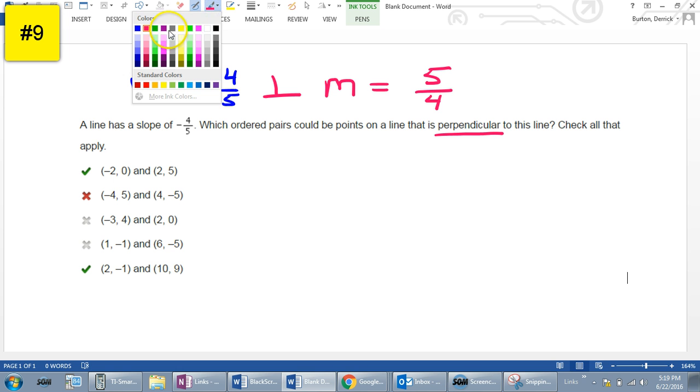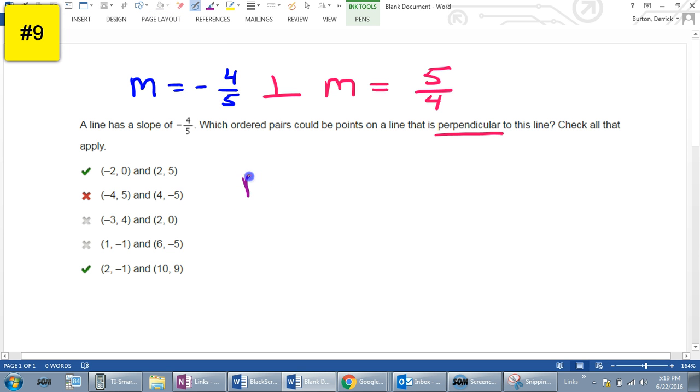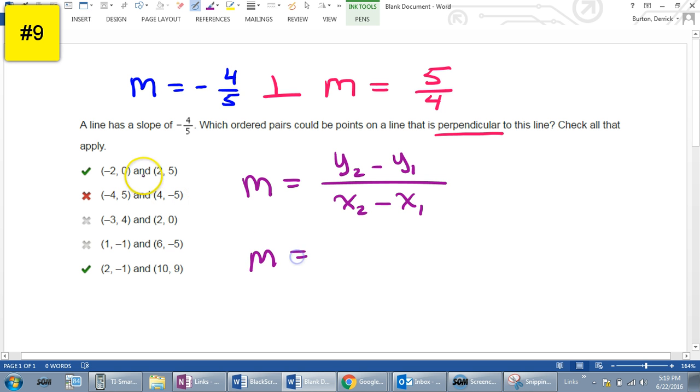Let's use the slope formula. Rise over run becomes y2 minus y1 over x2 minus x1. That's your slope. If I check each one of these one at a time, for the first pair, y minus y is 5 minus 0, and x minus x is 2 minus -2.